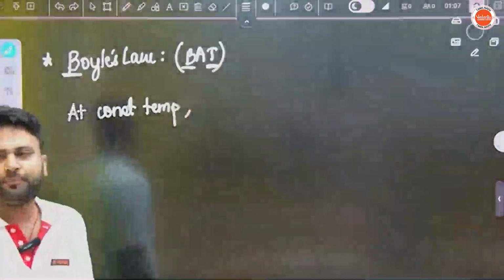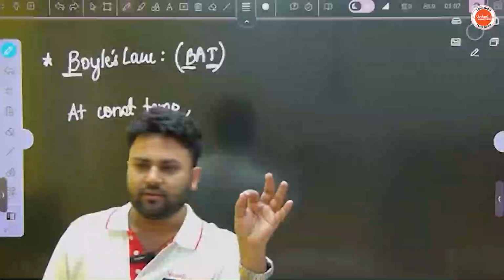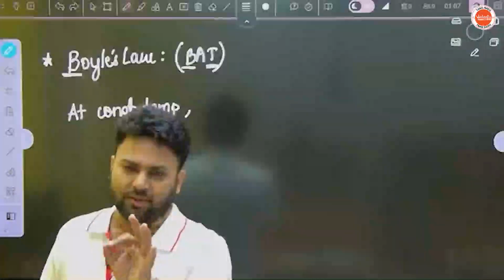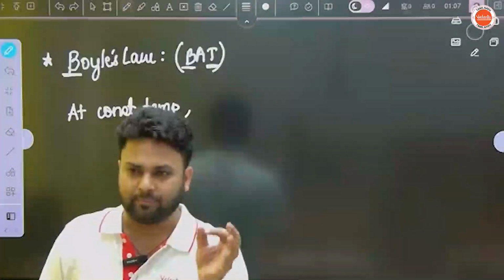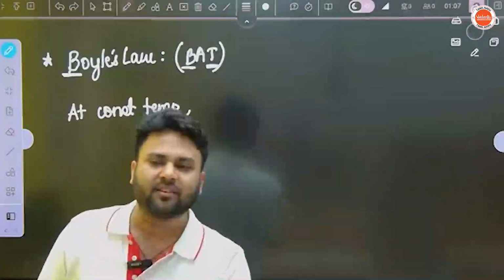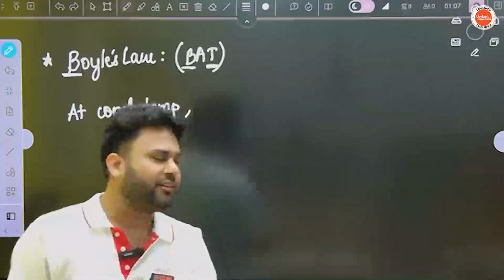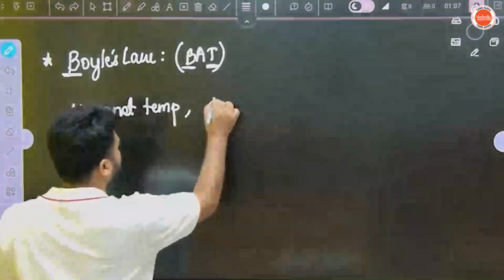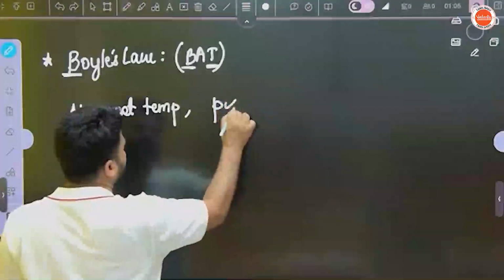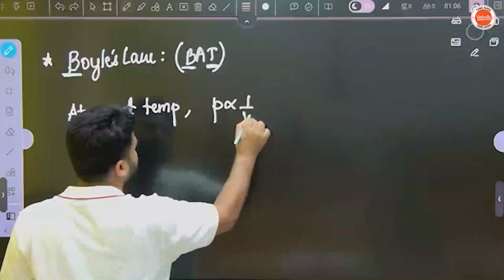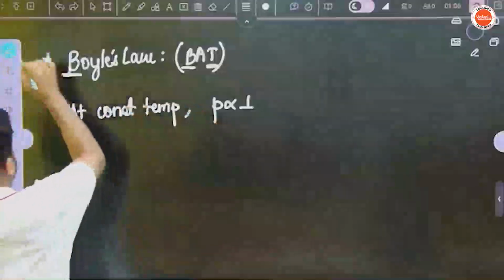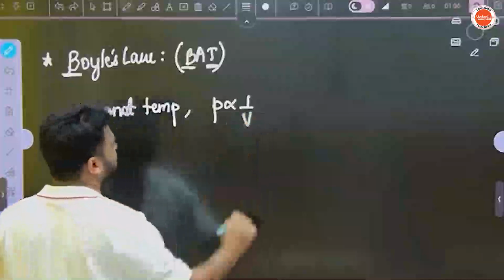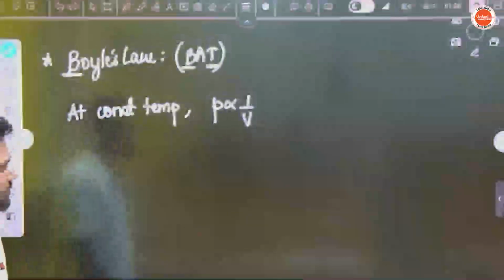We have three parameters: pressure, volume, temperature. We will be discussing the relation between them. So if temperature is constant, the pressure of the gas is inversely proportional to volume.